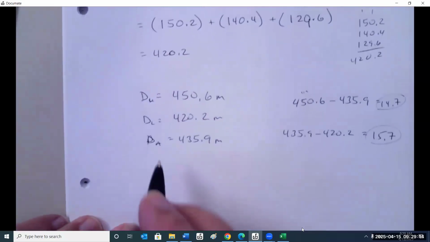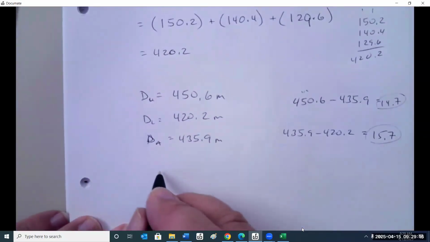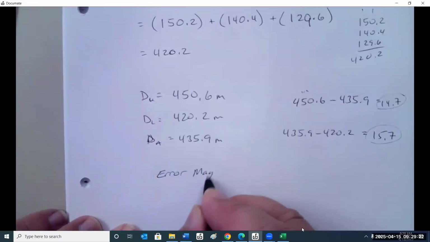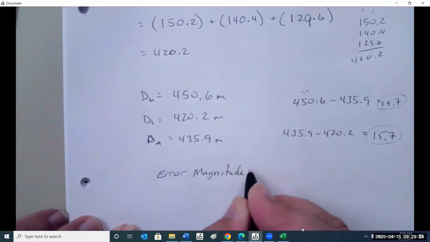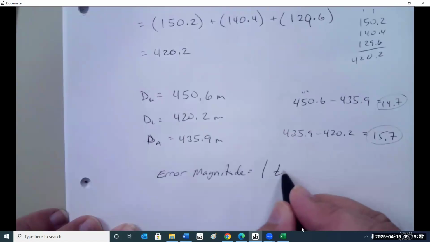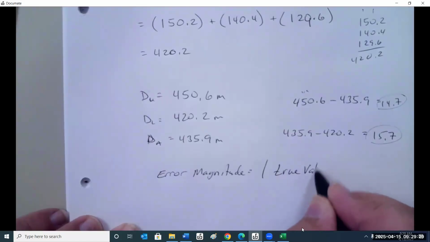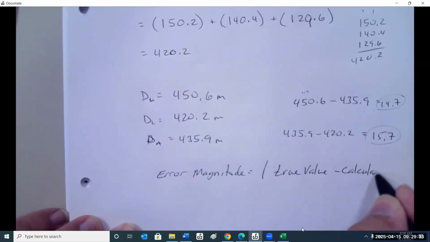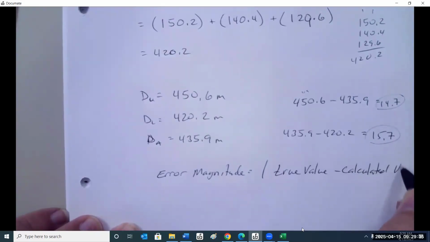This is what's called an error magnitude. The true value minus the calculated value.